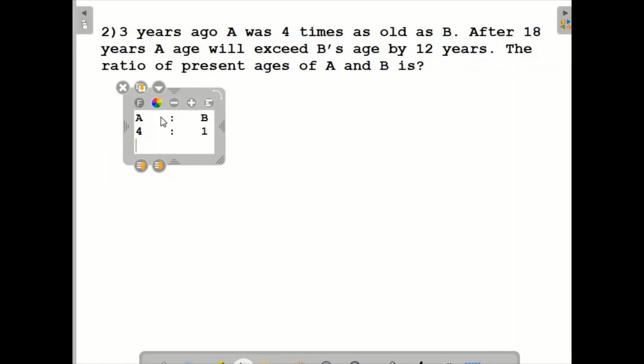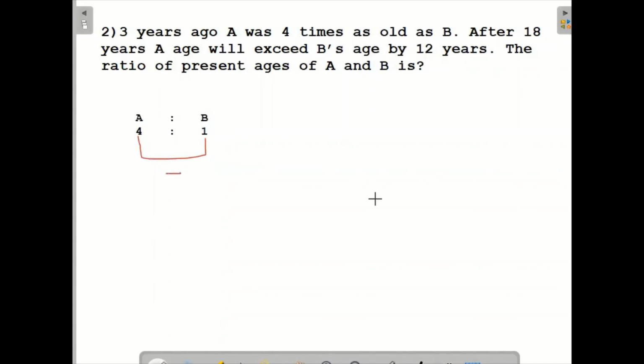Okay, they have given it's 4 times, so we have calculated as 4. Then we have to find the difference.